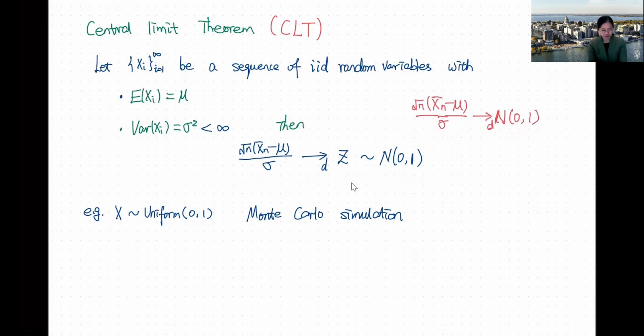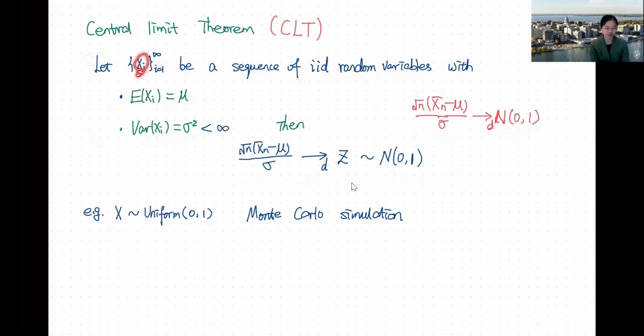If you pause for a moment, you see this is an incredible result, because all we're saying is that Xi is a sequence of IID random variables with some mean and some variance. We say nothing about how these random variables are distributed.